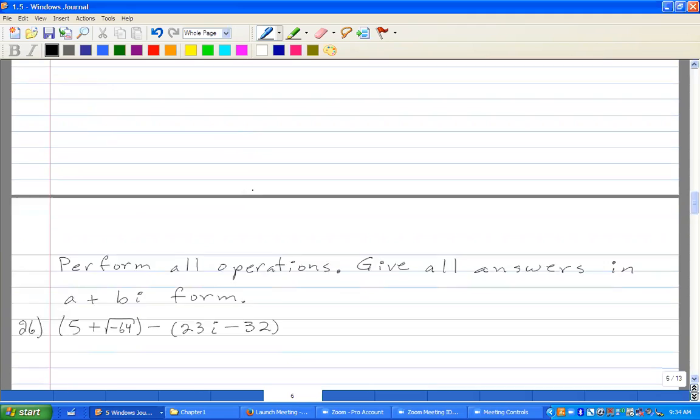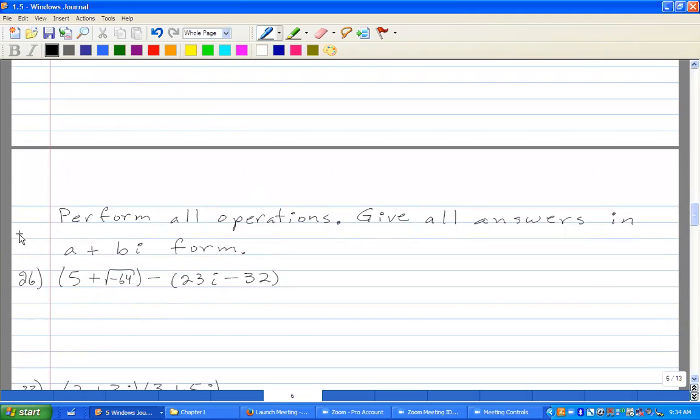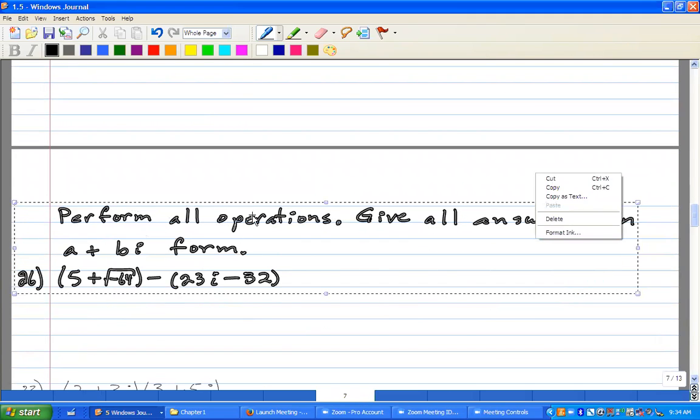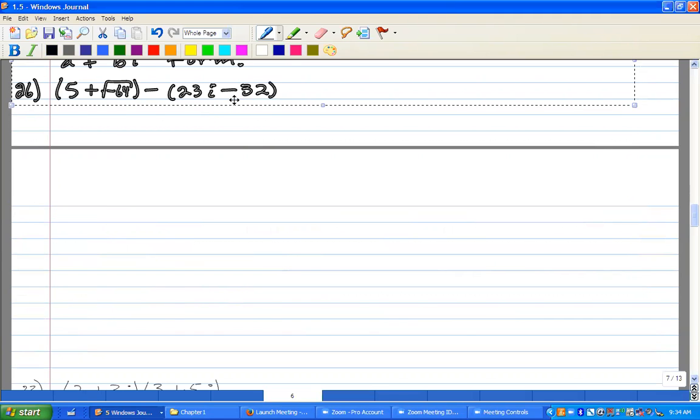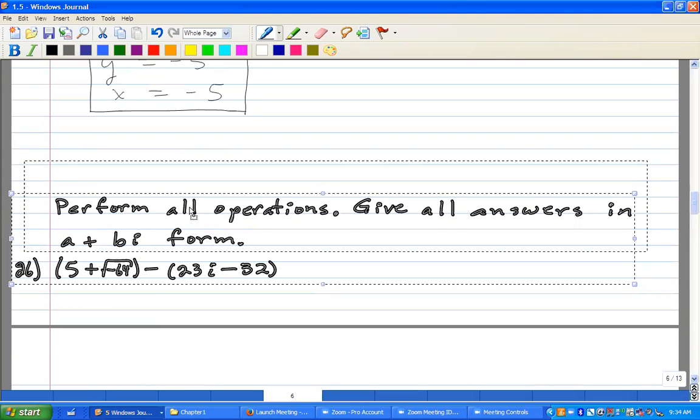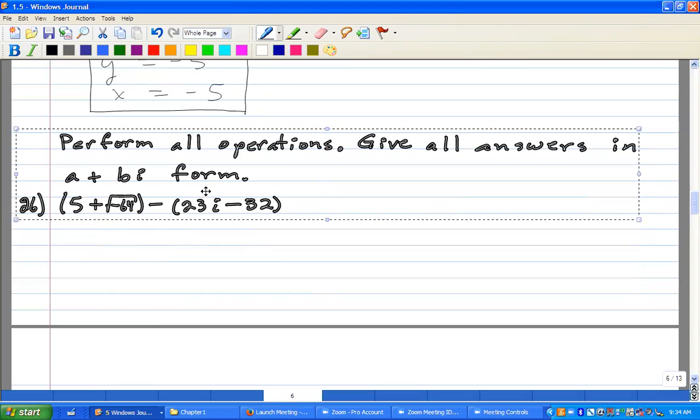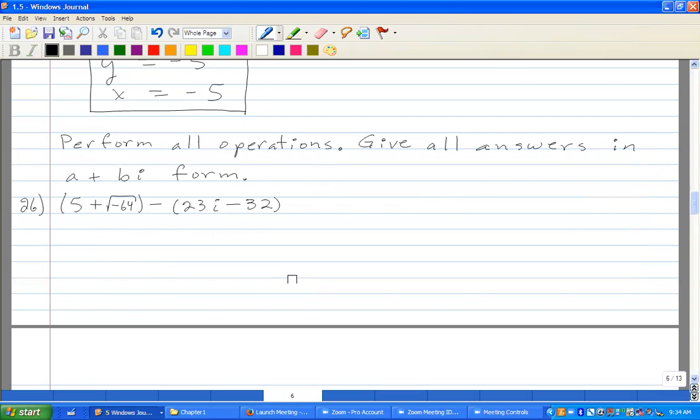Okay, so let's do the next one. Let's do problem number 26. Perform all operations. Give all answers in the standard form, a plus bi.